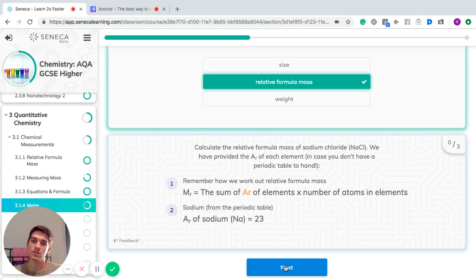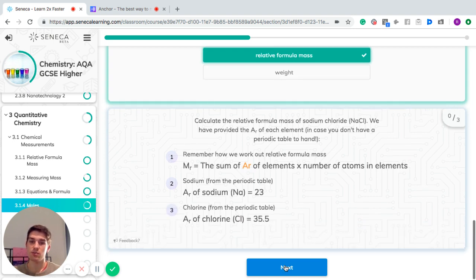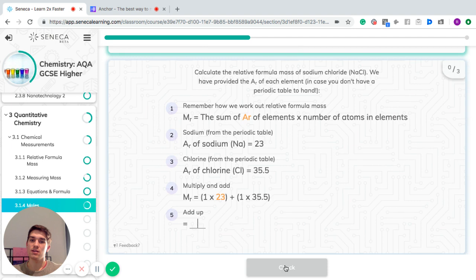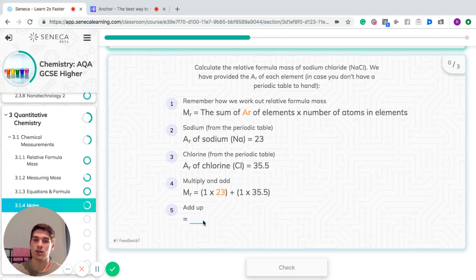For sodium, the relative atomic mass is 23, and the relative atomic mass of chlorine is 35.5. To work out the relative formula mass, we need 1 sodium atom and 1 chlorine atom. So that is 23 plus 35.5, which is 58.5.